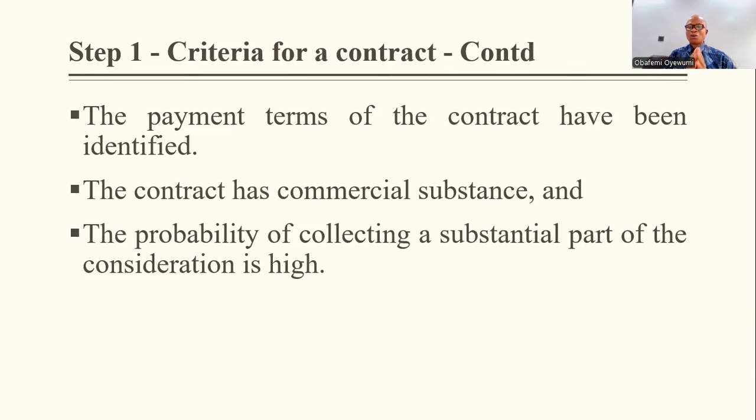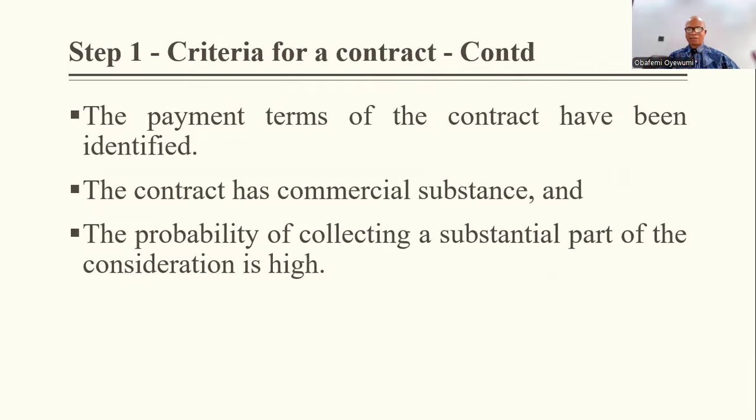Cash flow that's expected to change in whichever form must be well stated. So anyone that wants to be part of this must agree that the contract has a commercial substance. It must have commercial relevance.